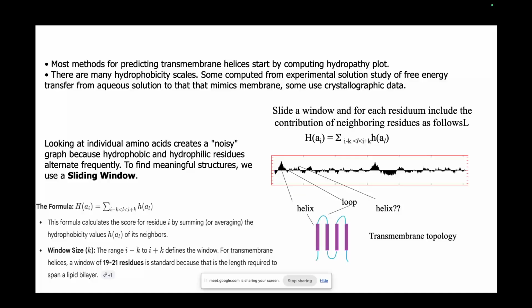Now, if you plot these values across the whole sequence, you consider the x-axis to be the sequence, and each line corresponds to a particular amino acid, and then you plot the hydrophobicity values for these amino acids, and you see some peaks, some troughs, and so on, right? So a signature like this, where there are a lot of hydrophobic amino acids in a particular region, can tell you that probably this is a region where the fold is occurring.